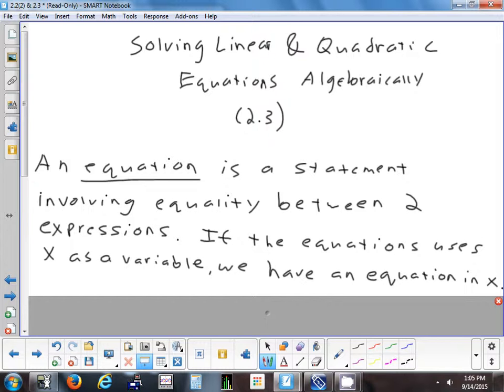All that means is we have an equation where the variable is x. So if I said on the last problem, write an equation for the cost as a function of x, that basically means what I've written right here. Use x as the variable in your cost equation.